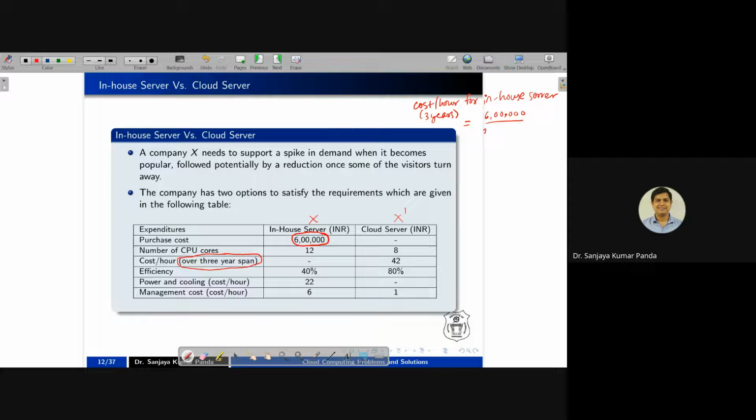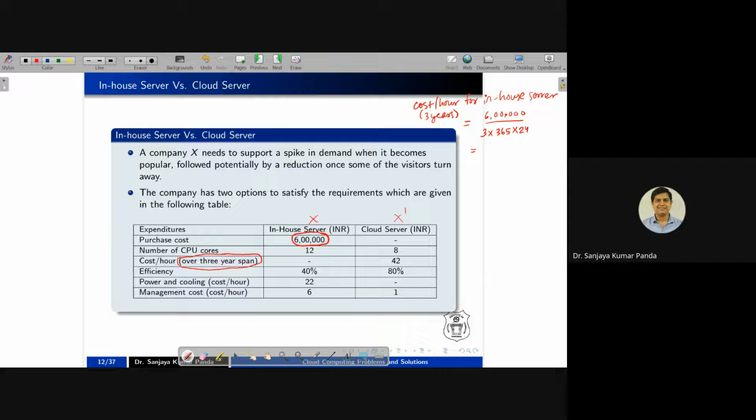So 3 years means 3 into 365 days. Okay. And if you convert it into hours, it is 24. We are saying cost per hour. We are not saying cost per minute. If it were cost per minute, again you would have to multiply by 60. So how much will you get?